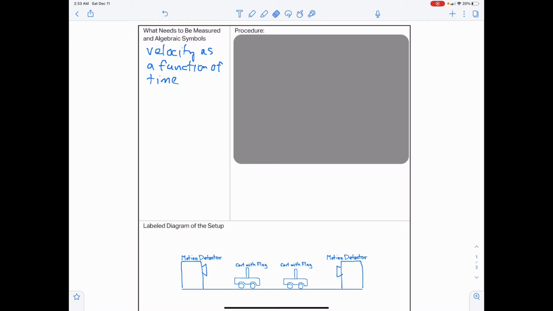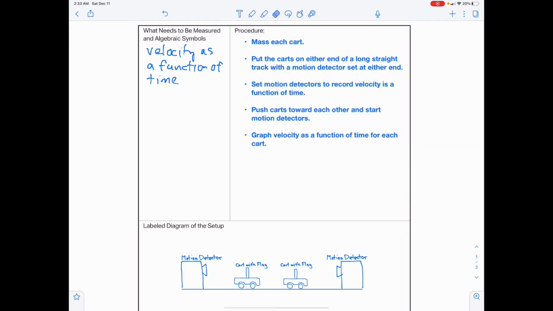And we could do the following procedure. Number one, we could take the mass of each cart using a balance. You could then put the carts on either side of the long track with the motion detector set at either end, just like you have here.